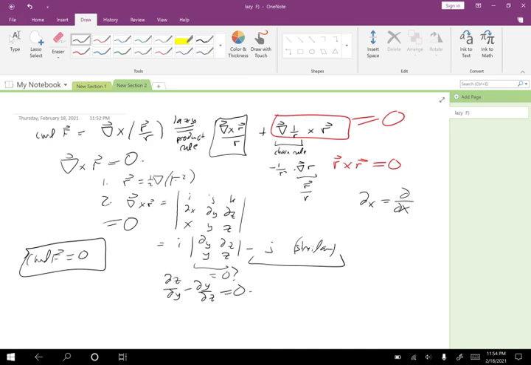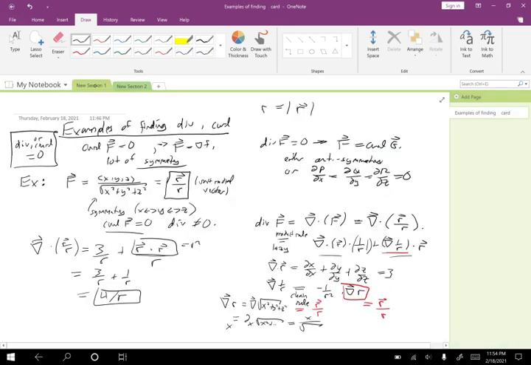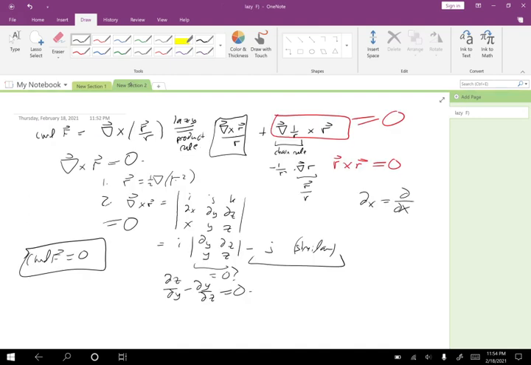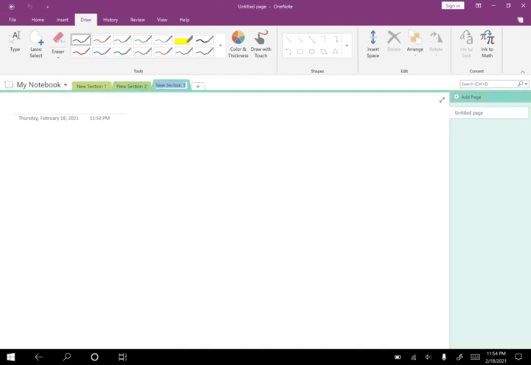Okay, so we have an example where the divergence was not 0 and the curl was 0, but what about the reverse? So what about if we now consider this vector field? F equals 0, cosine xz, minus cosine xy.